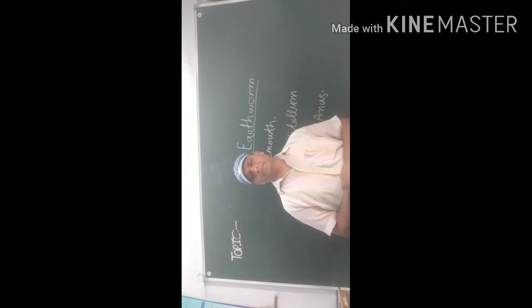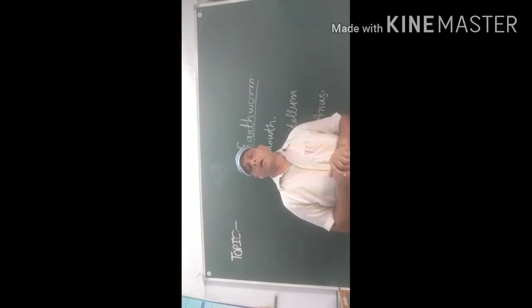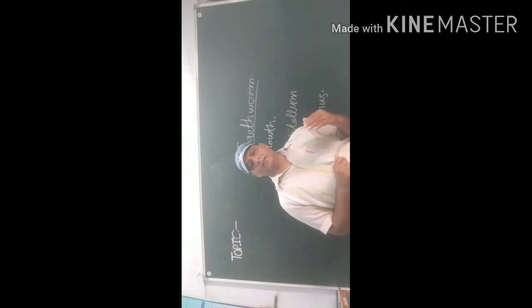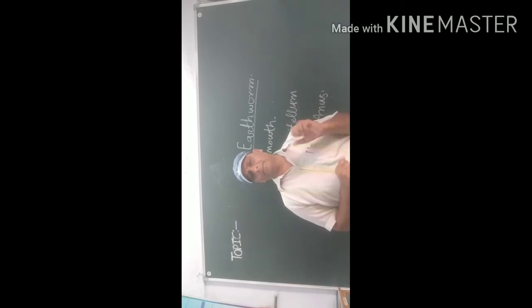Circulatory system. The circulatory system of the earthworm is composed of a heart. The heart is not fully developed, but the lateral arteries in some regions act as a heart. They take part in the pumping of blood.